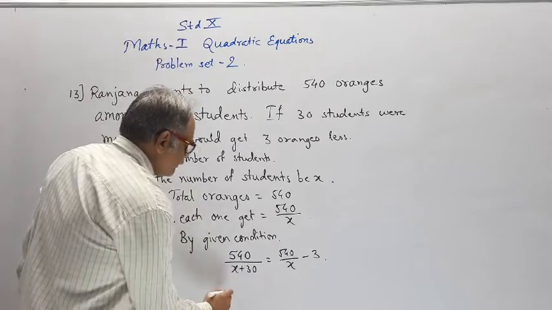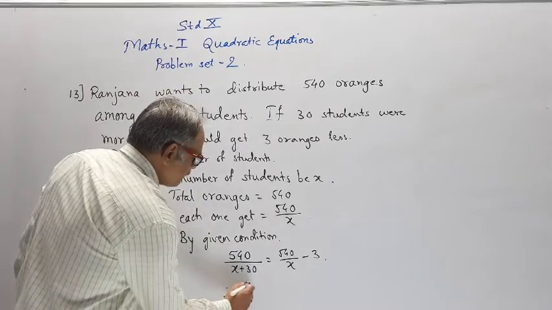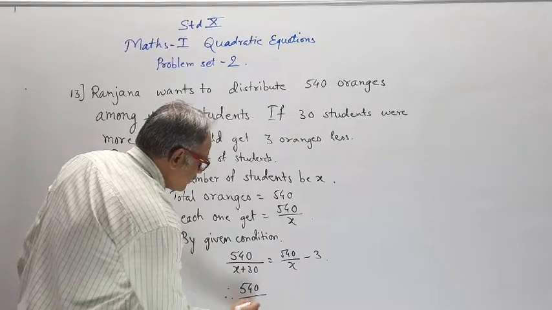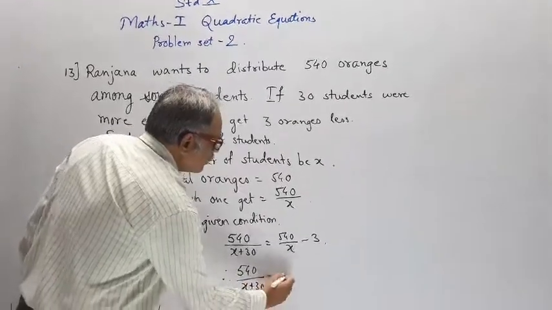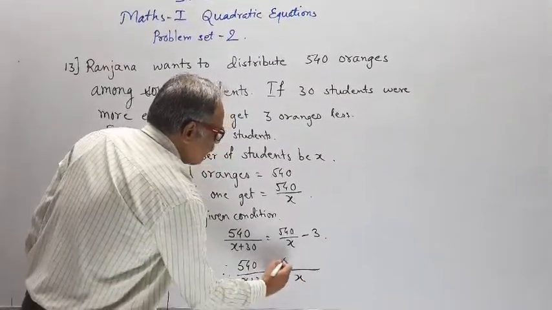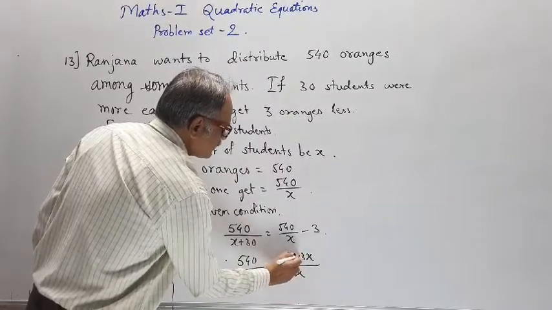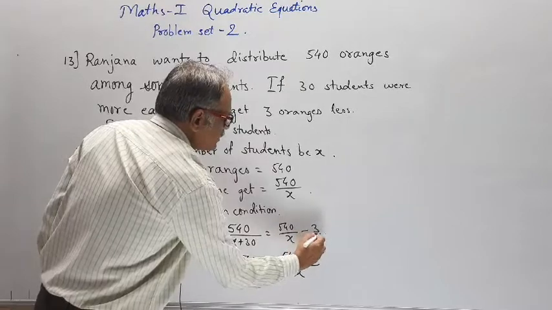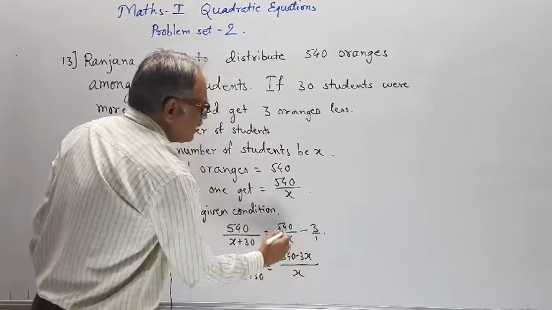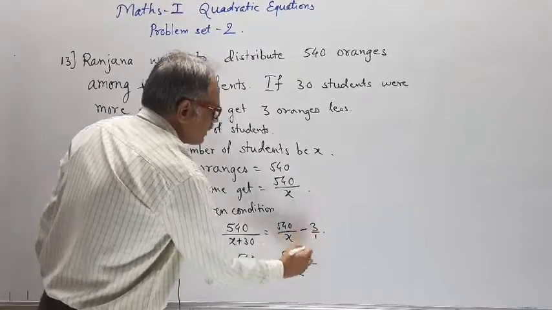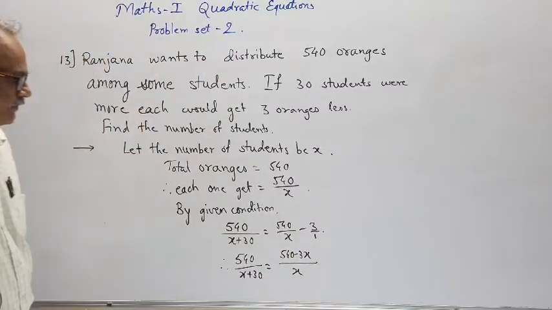Now what to do? 540 upon x plus 30 equal to the LCM x, 540 minus 3x upon x. 3 has denominator 1, x and 1 have LCM x, 540 into 1 is 540, 3 into x is 3x upon x.